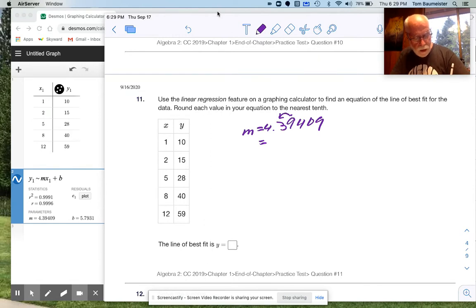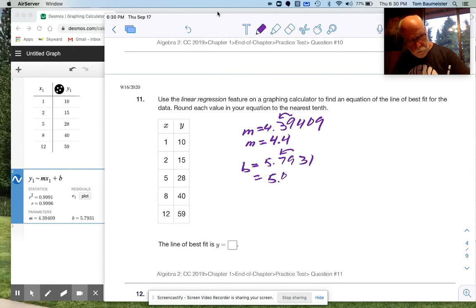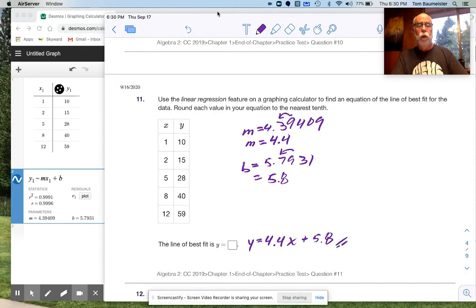So to the nearest tenth, M is going to be equal to 4.4. Same thing with the B. So the B, we have 5.7931. The 9 is going to make that 7 an 8. So my line of best fit then will be Y is equal to 4.4x plus 5.8. And that's what you would put in your answer there.